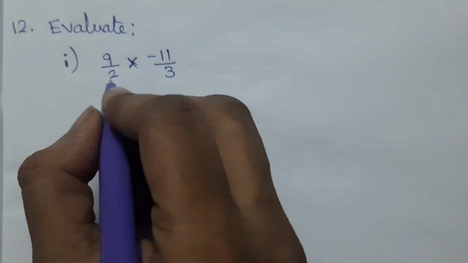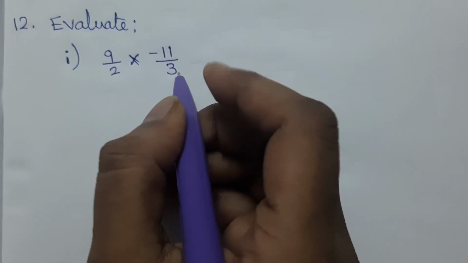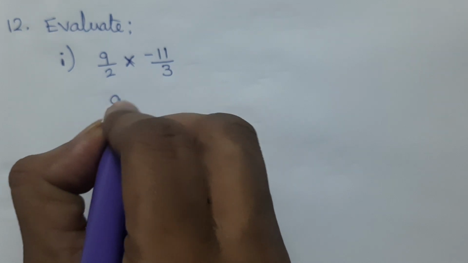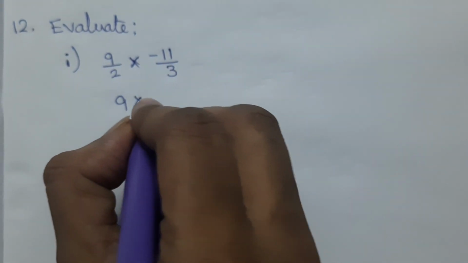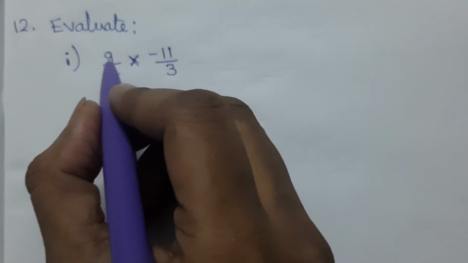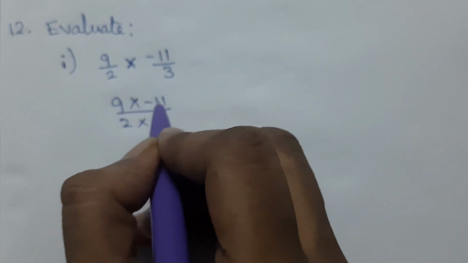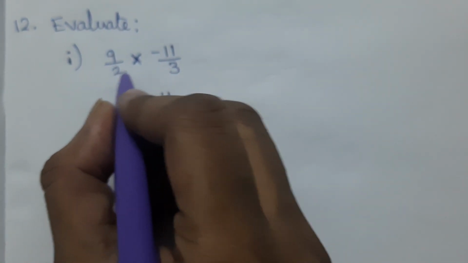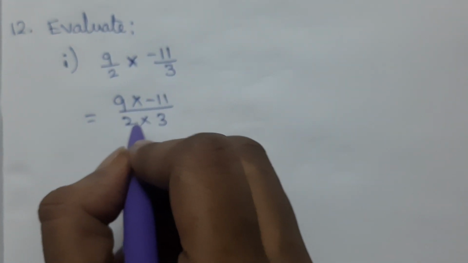You no need to check whether the denominators are same or not. You can take directly and then just multiply the numerator to numerator and denominator to denominator. Here the numerators are 9 and 11. So 9 into minus 11 divided by denominators are 2 into 3. So that is 2 into 3.